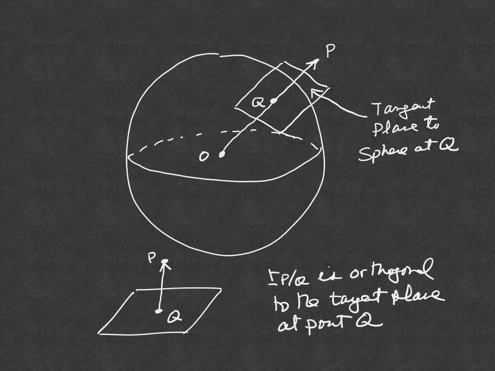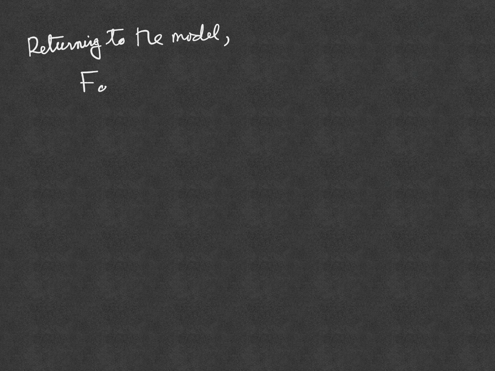So now let's go back to our model. So returning to the model, the force of gravitation is equal to minus G little m big M over r squared times u.